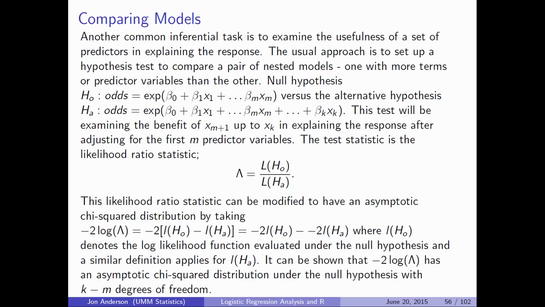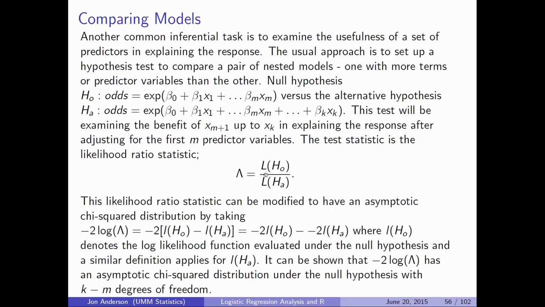If the extra variables are really helpful, the likelihood function in the denominator will be much bigger than it is in the numerator. And this likelihood ratio statistic will be small if the alternative hypothesis model is really much better. This fraction will be smaller than 1, much smaller than 1. If there really isn't a lot of difference between these sets of predictors, this ratio will be more like 1.